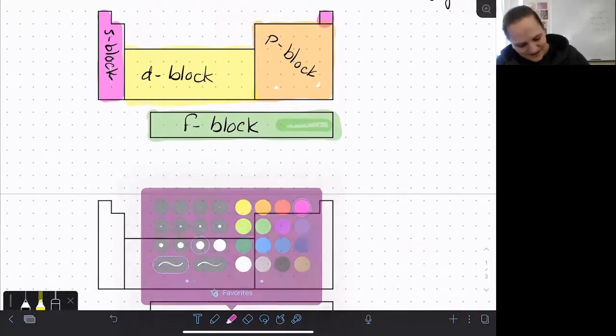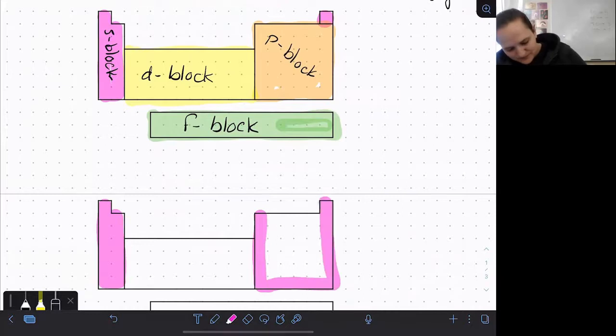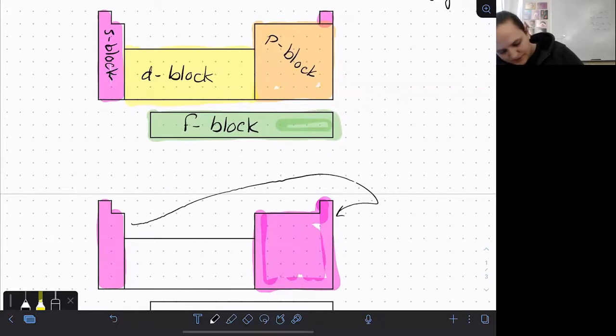The S and P blocks together are commonly known, over here, as either the main group or the representative elements.